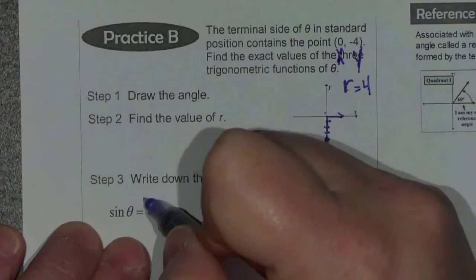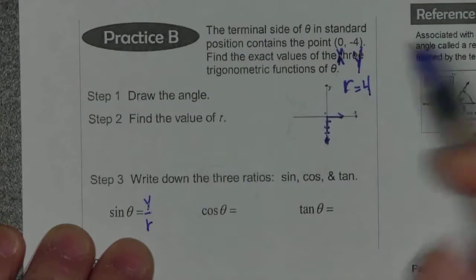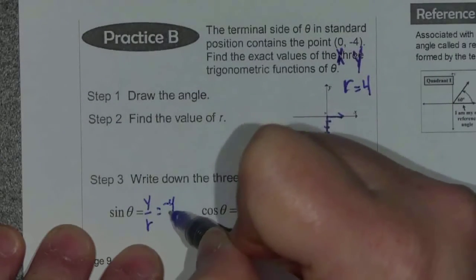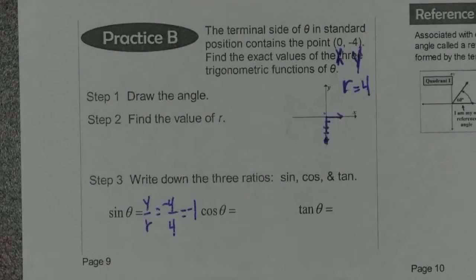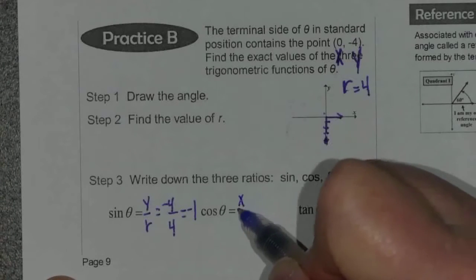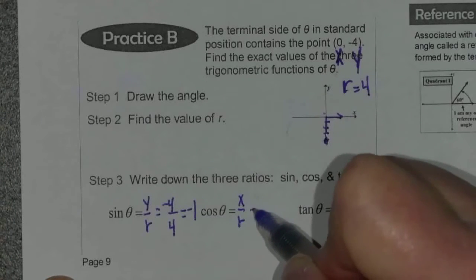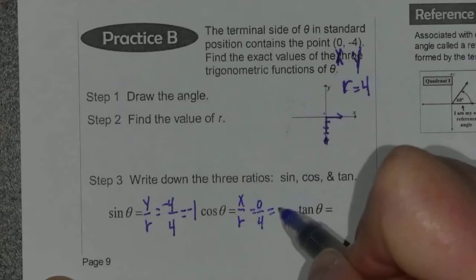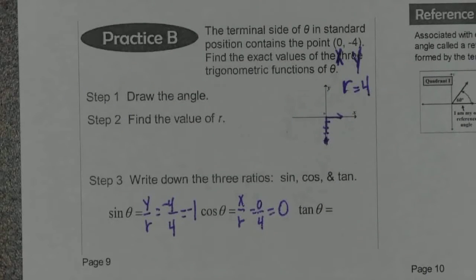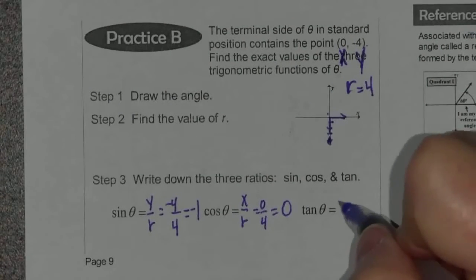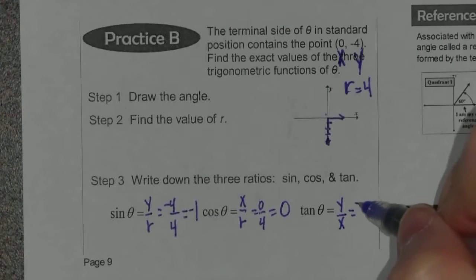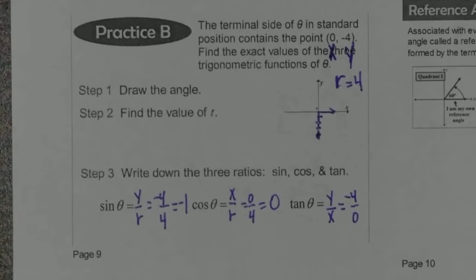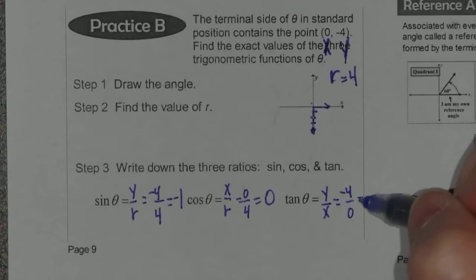Your sine is your y over your r. So -4 over 4, which is -1. Your cosine is your x over your r, which would be 0 over 4, which is still just 0. And the tangent would be your y over your x, so -4 over 0, which is, anybody know what that is?